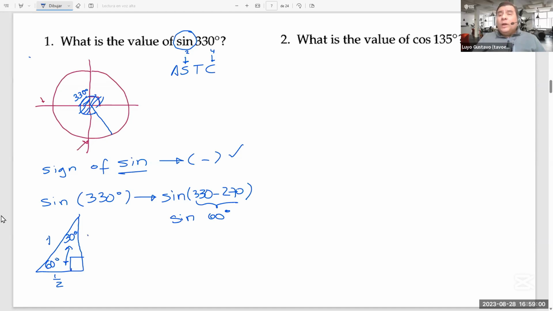This should be 1/2 multiplied by the square root of 3. So there you go. What is the sine of 60? It is the opposite side to the angle of 60 degrees divided by the hypotenuse, the opposite over the hypotenuse.